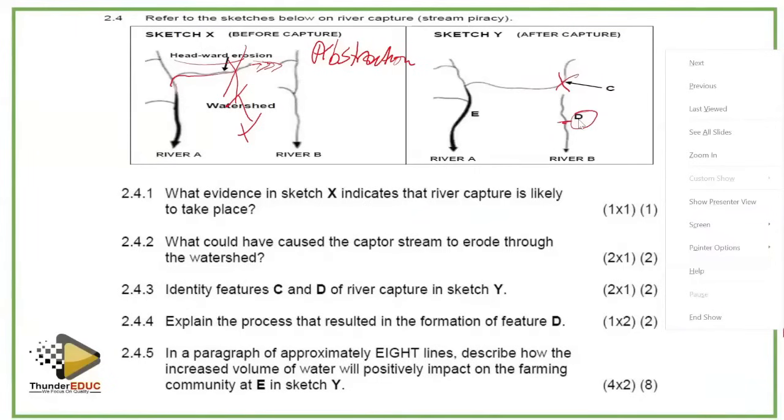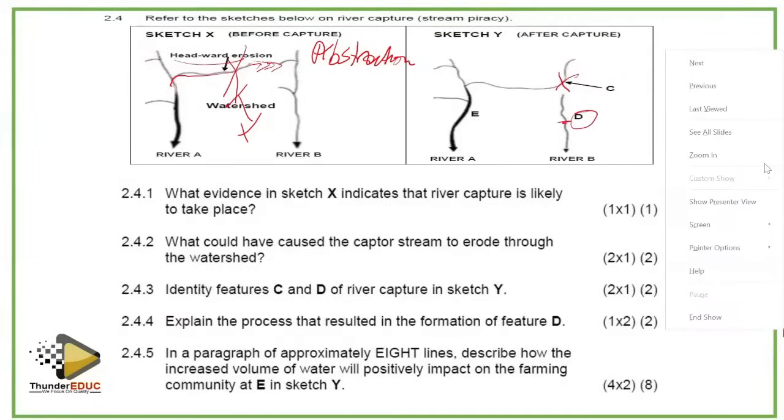Now the question can ask what will happen to river D after river capture, or give the impacts of river capture on river D. River D will have less water.